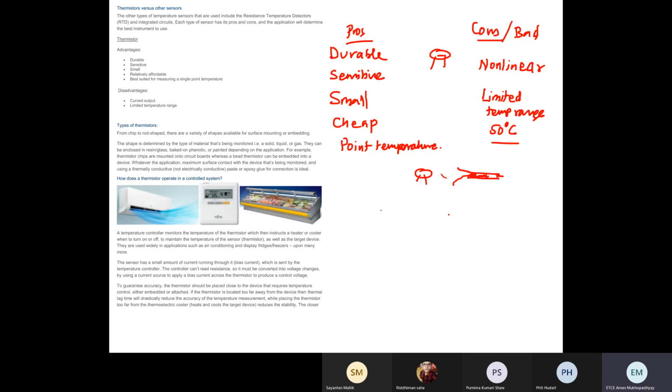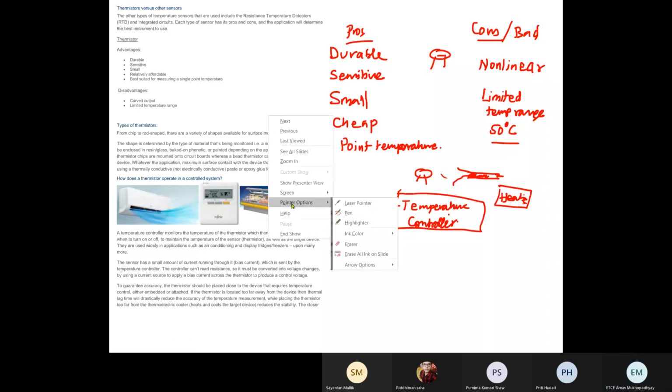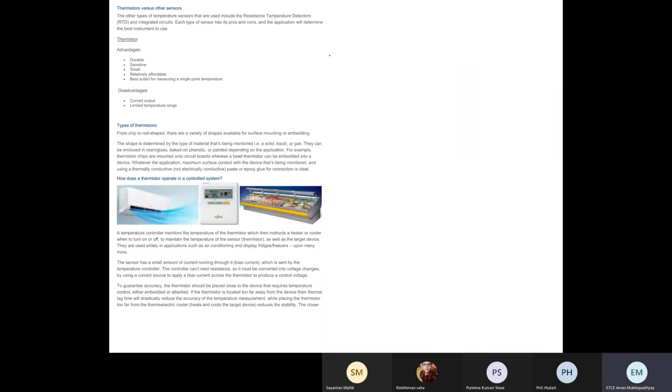Generally, what thermistor does is it's always connected to a temperature controller. That's the best application. It is always connected to a temperature controller. The temperature controller will draw current, so for instance this is a heating device or a cooling device. So let's go to this slide, let's make an AC circuit. You have the AC here.